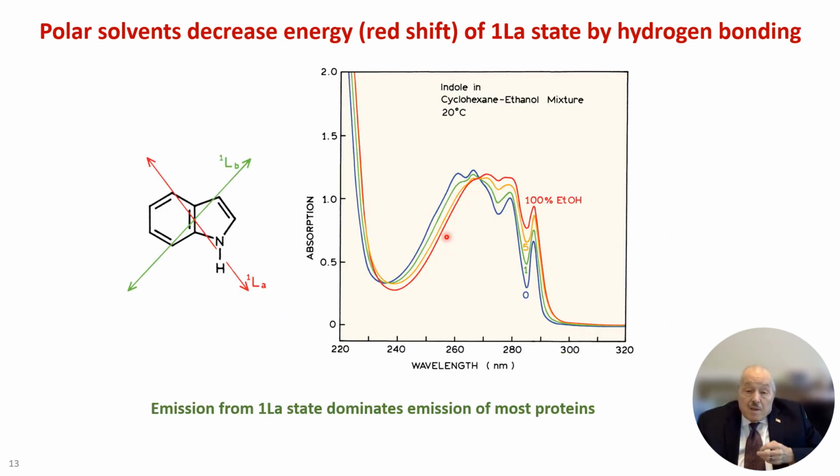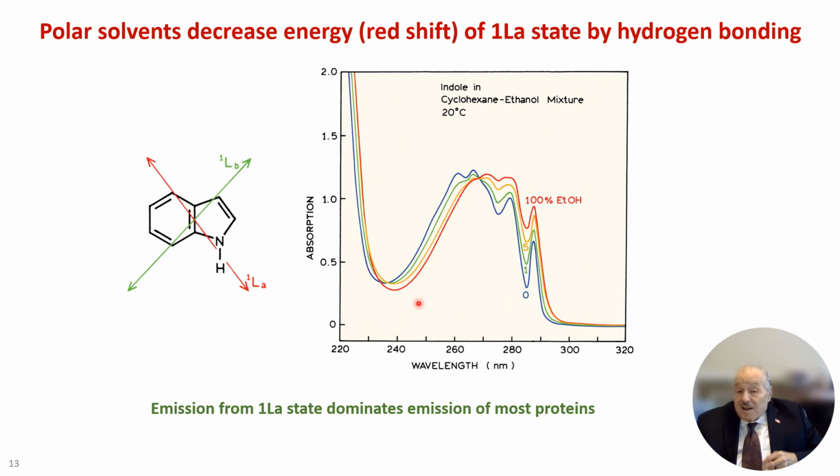These states start to get mixed up a little bit when you put the indole moiety into a solvent. So here we have the polar solvent, and it redshifts or decreases the energy of the 1LA state.